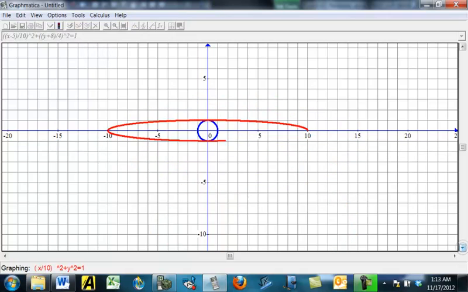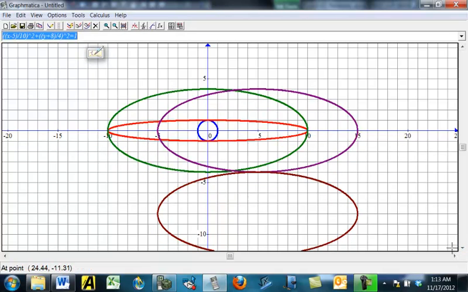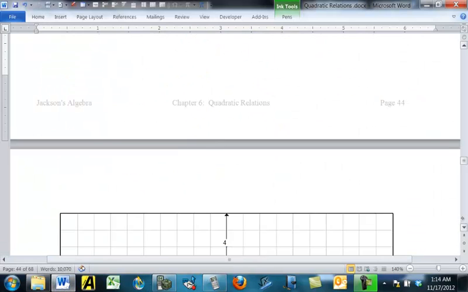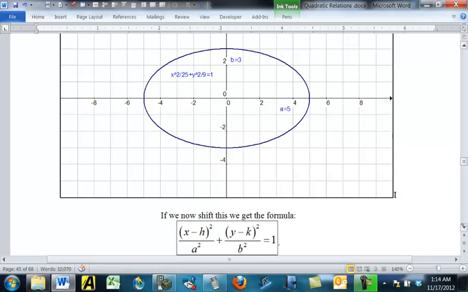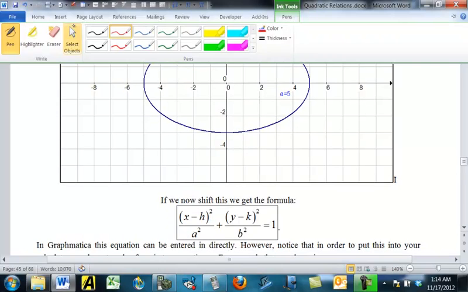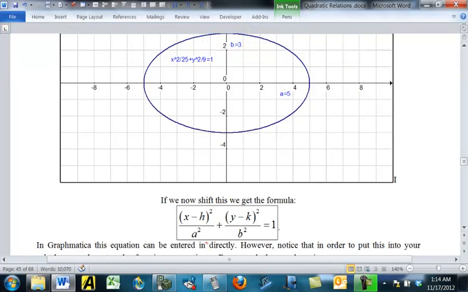And so we can see that in general, we can get an ellipse here, and it turns out that within this form, (x minus h) squared over a squared plus (y minus k) squared over b squared equals 1.